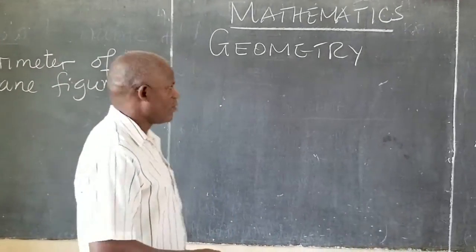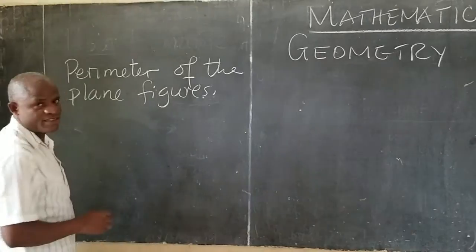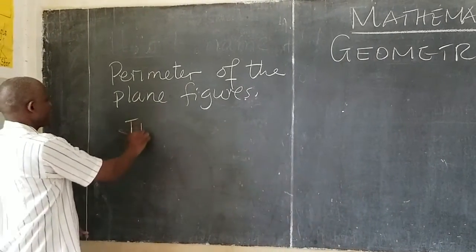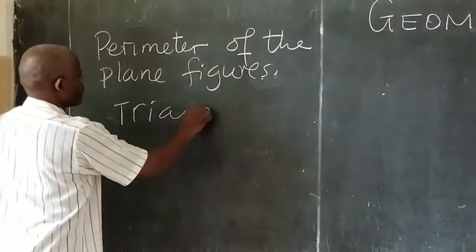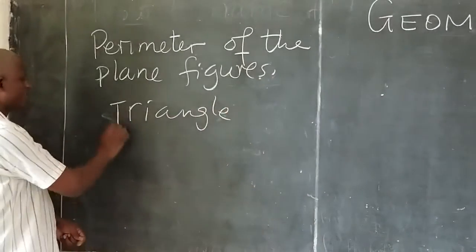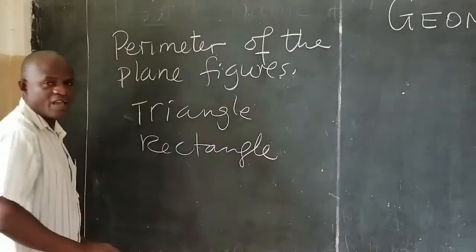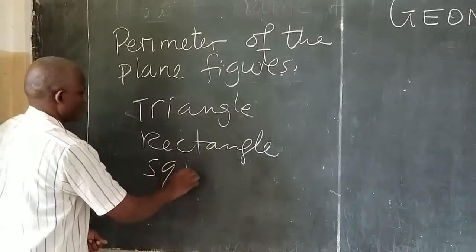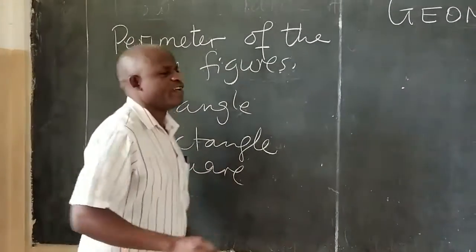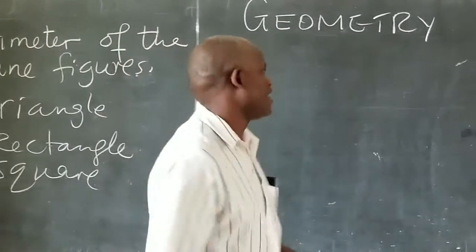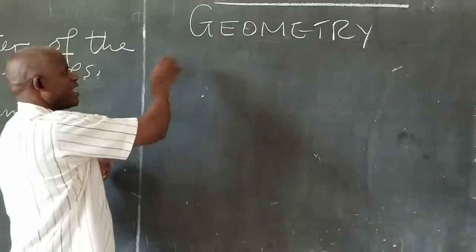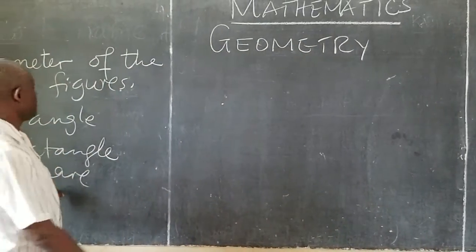As you know, with plane figures we are dealing with triangle, rectangle, and the square. Now, these three figures, we should define their perimeters.